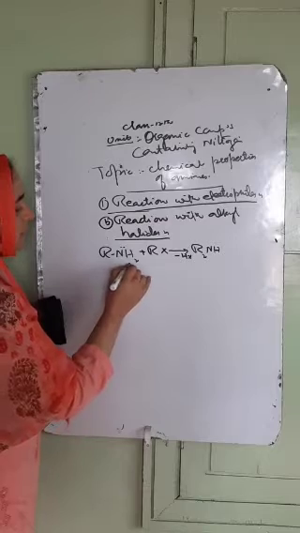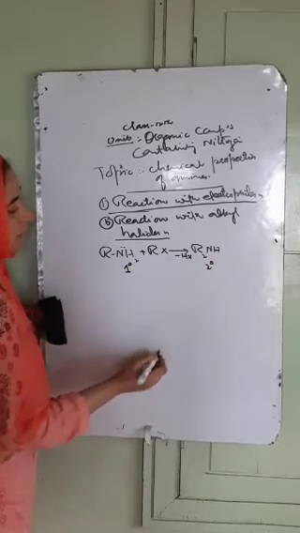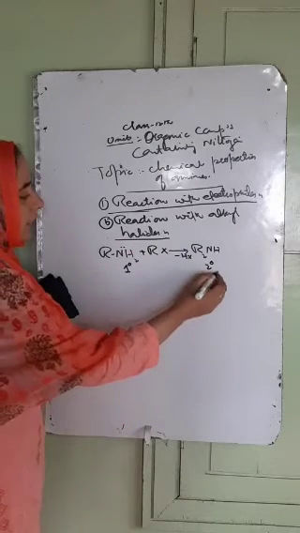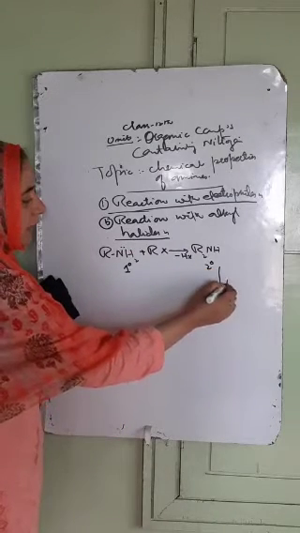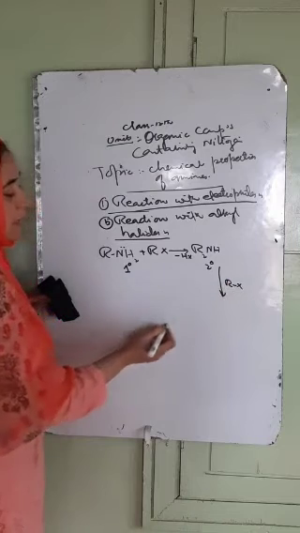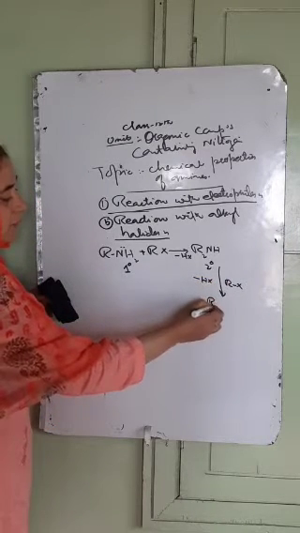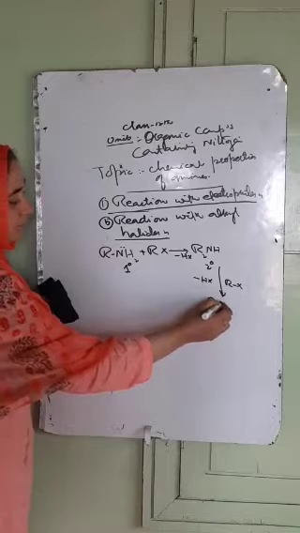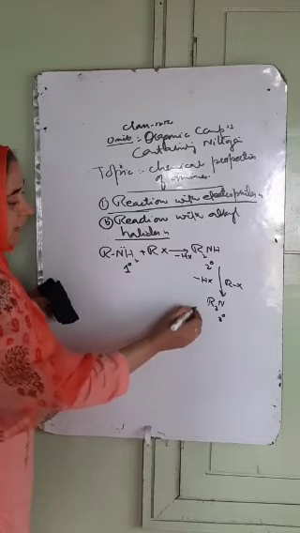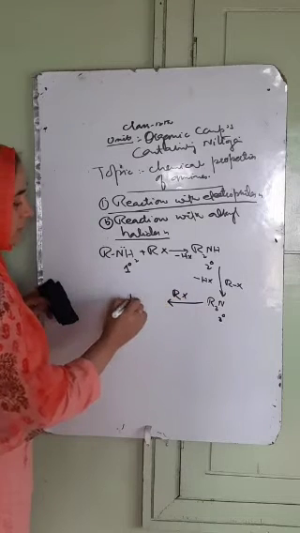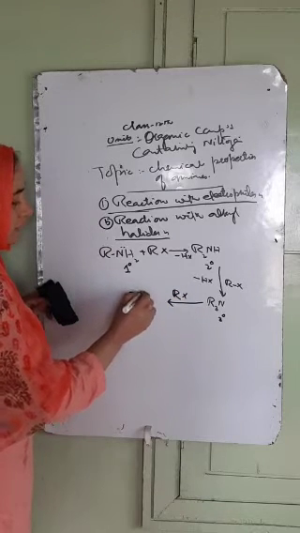This is our primary amine, this is our secondary amine. From primary amines, the secondary amines are formed, and if we add again alkyl halide to it, because we are using the alkyl halide in excess, tertiary amines are formed. And it again reacts with alkyl halide and gives us quaternary ammonium salts.